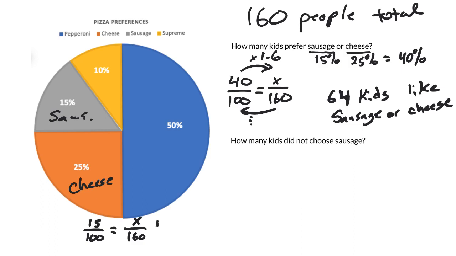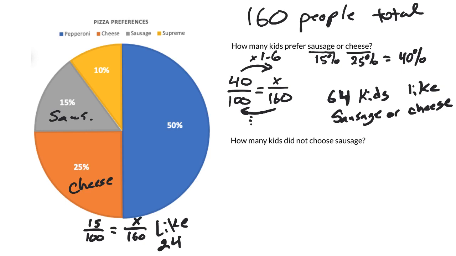This is for how many like sausage. Type that in your calculator. You're going to get that same connecting number of 1.6. So you can do 15 times 1.6, and you'll find that 24 kids like sausage.